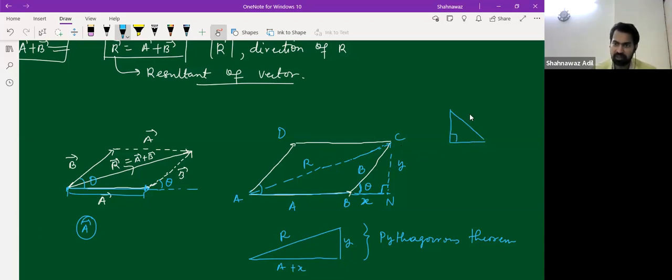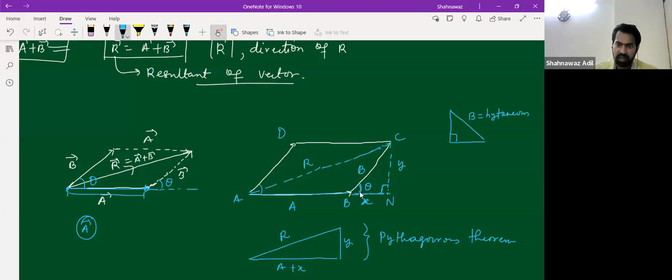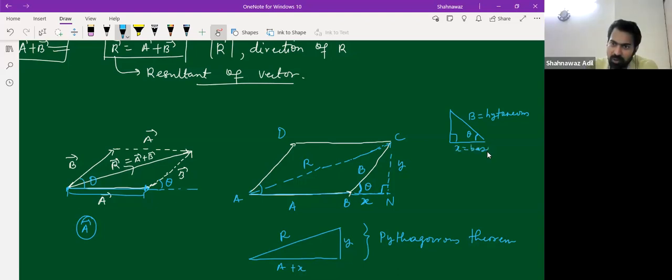Opposite to 90 degrees is B. So this would be the hypotenuse. Whatever angle this is making with the hypotenuse, the second side is called the base. So X is the base. And the side opposite to this angle is the perpendicular.